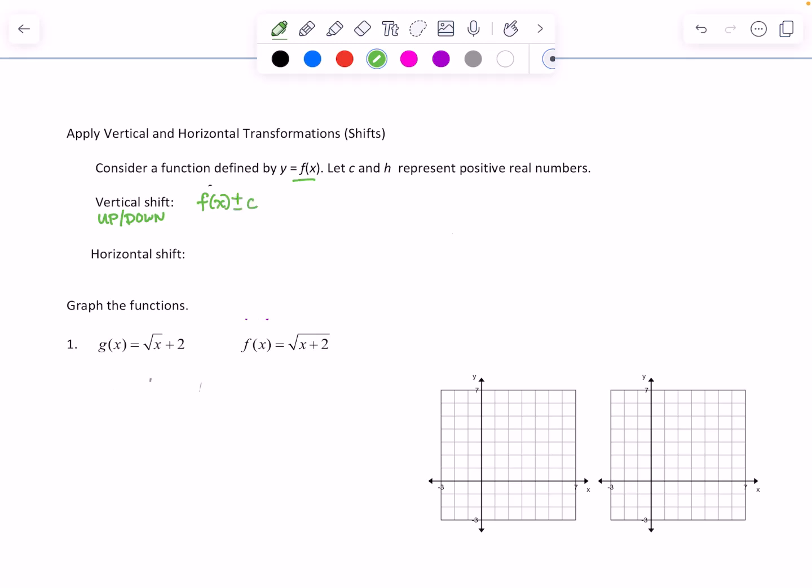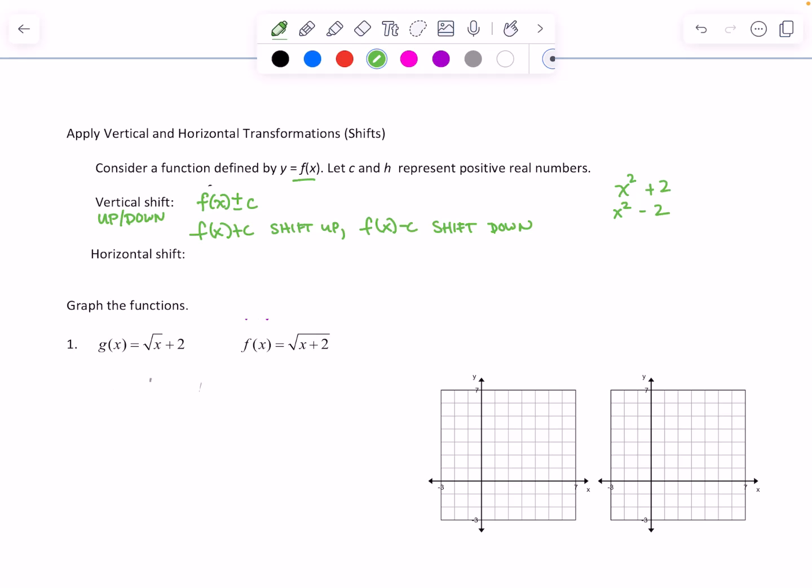If we add or subtract c to f of x on the outside of the function, so something like x squared, there's our parent function, x squared plus 2, or x squared minus 2, that is going to result in a shift up or down. So f of x plus c is a shift up, and f of x minus c is a shift down.